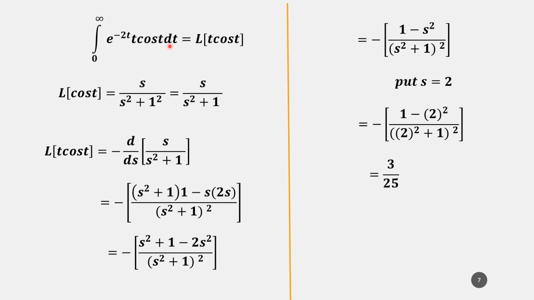The variable is t, so when we integrate, the variable goes because we apply the upper and lower limits. So the answer is always a constant number. But when we calculate the Laplace transform of some function, you get the answer in terms of s. So the integral from 0 to infinity of e raised to minus 2t into t cos t dt is 3 by 25.